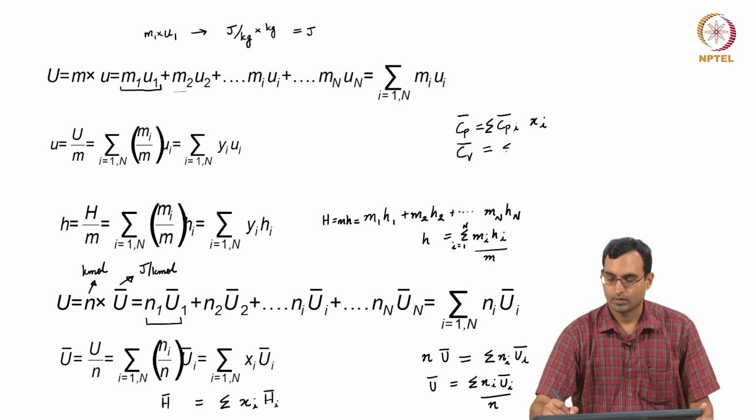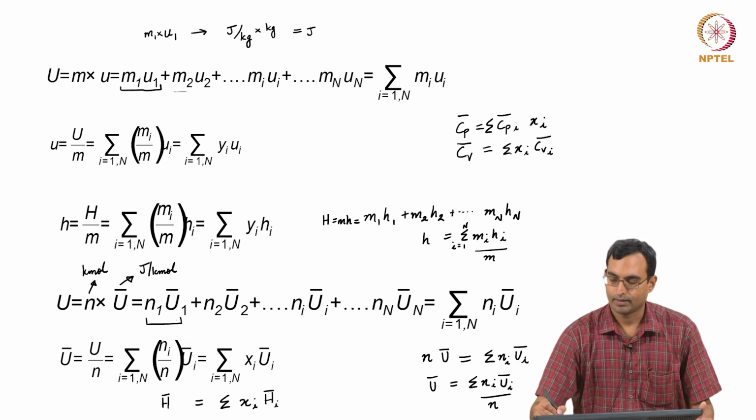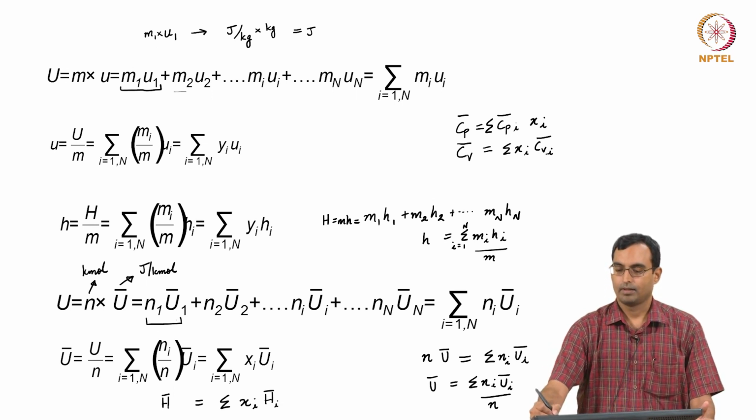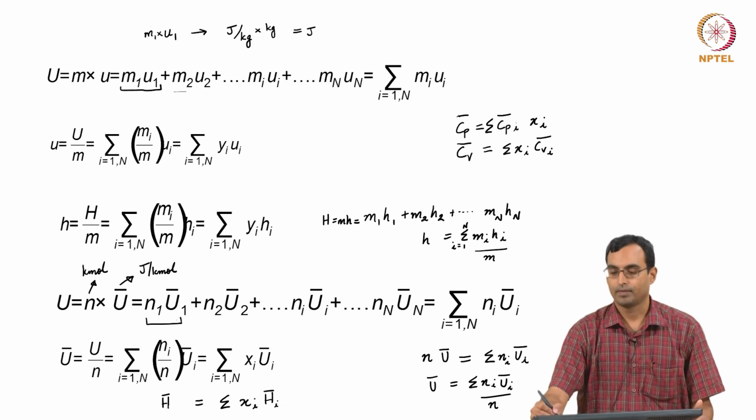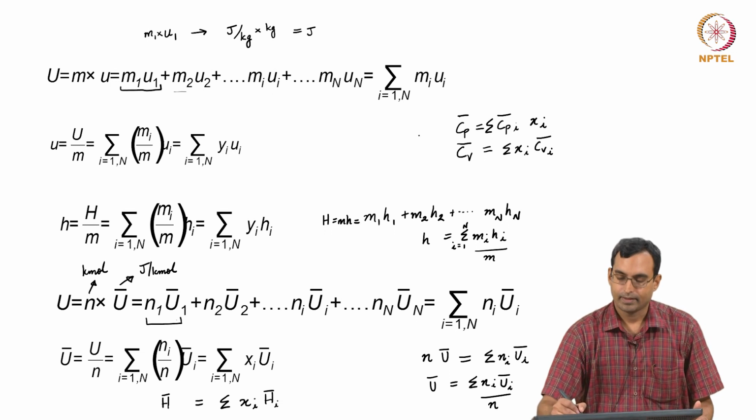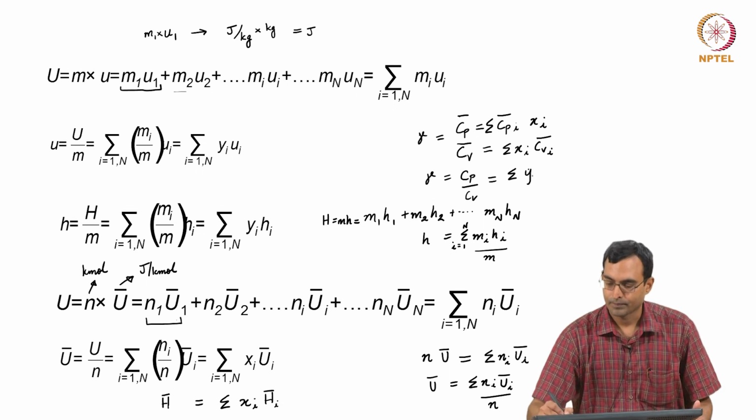And if I was to take Cv's also in a molar way, I would take this as Xi into Cv bar of i, where the units of these would be, say, joule per kilomole Kelvin, and I can then find gamma as Cp by Cv, which would be the ratio of this. I can also find gamma as normal Cp by Cv in units of joule per kg Kelvin, which would be sigma of Yi Cpi over sigma of Yi Cvi.